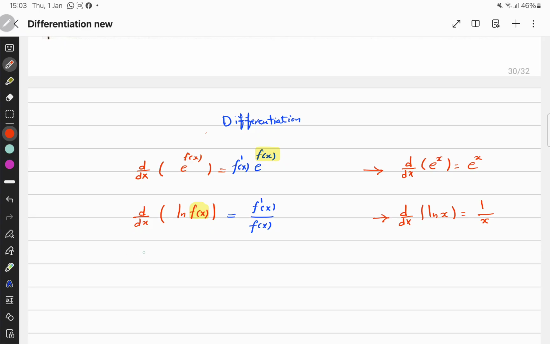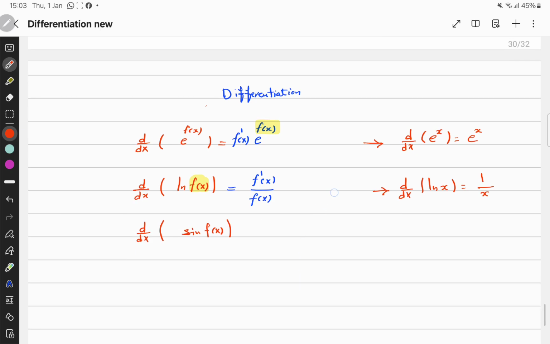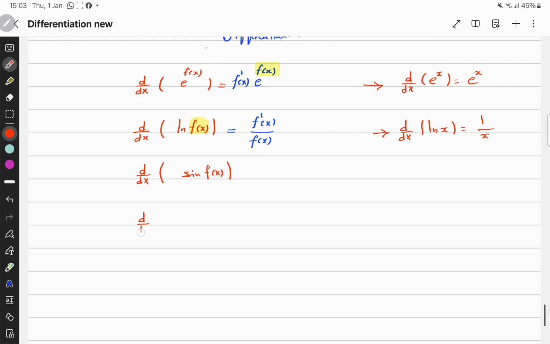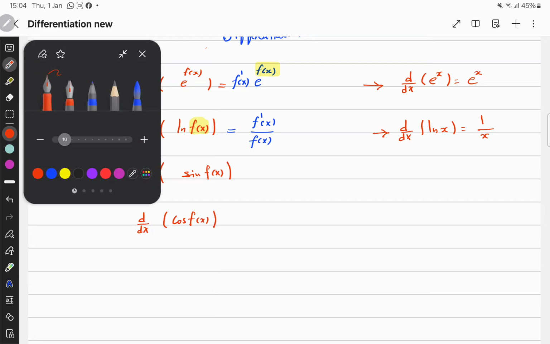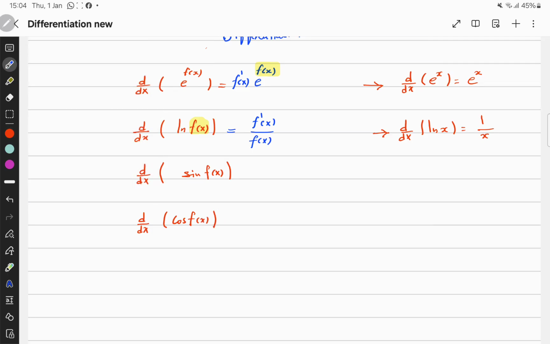Then, the third rule, it's the derivative of sine f of x, then the derivative of cosine f of x. How to differentiate each of sine and cosine?